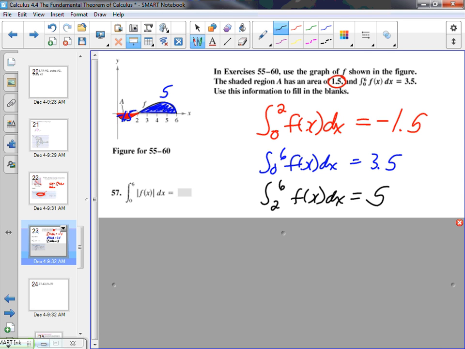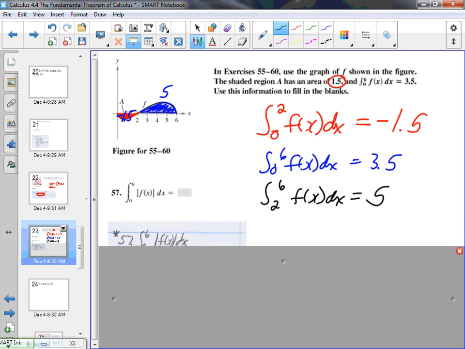Probably. So let's take a look at 57. They want the integral from 0 to 6 of the absolute value of f of x dx. Well, have we worked out absolute value integrals in the past? We'd try to find where the expression inside would equal 0, and then we'd break it up. We'd change the sign in front of the negative part, and we would just ignore the absolute value sign on the positive part. So where's that graph equal 0? 2.